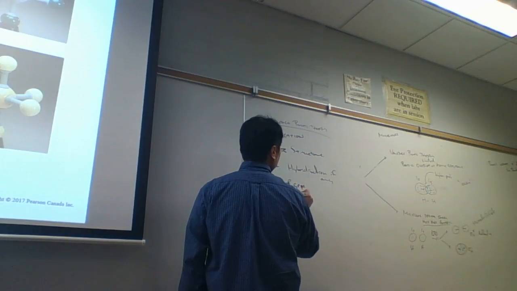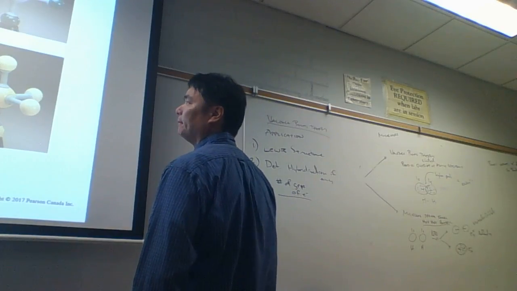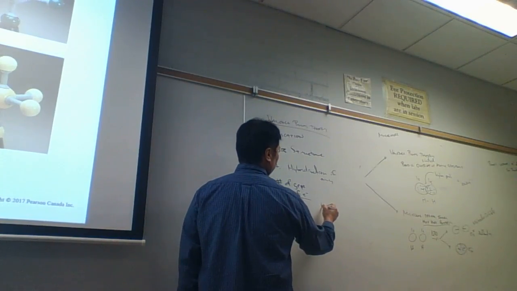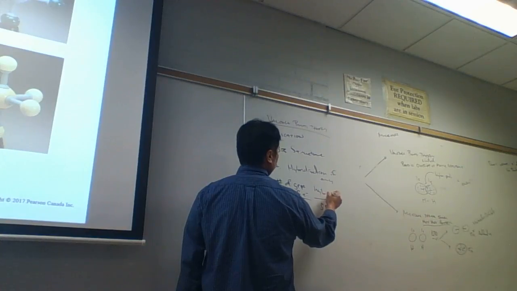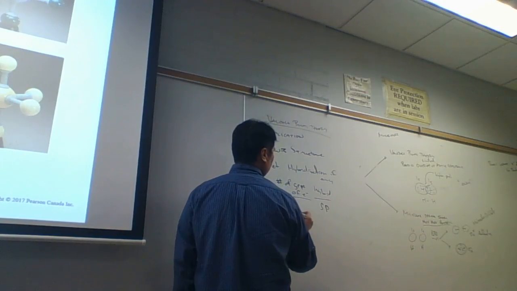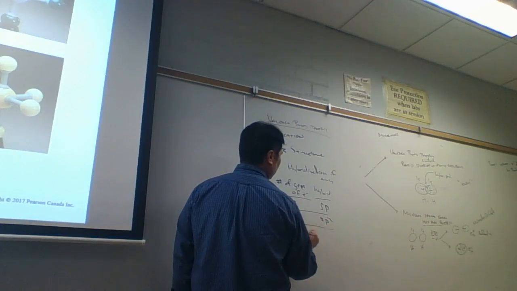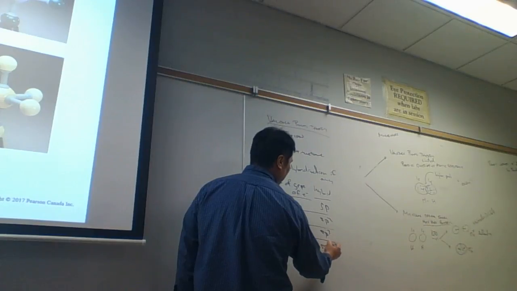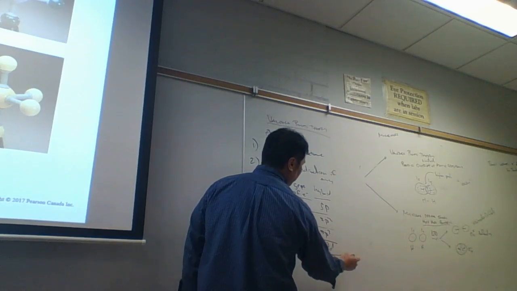If we have two groups of electrons, it's going to be sp hybridized. If we have three groups, it's going to be sp2. If we have four groups, it will be sp3. If we have five groups, it's sp3d. And six groups will be sp3d2.